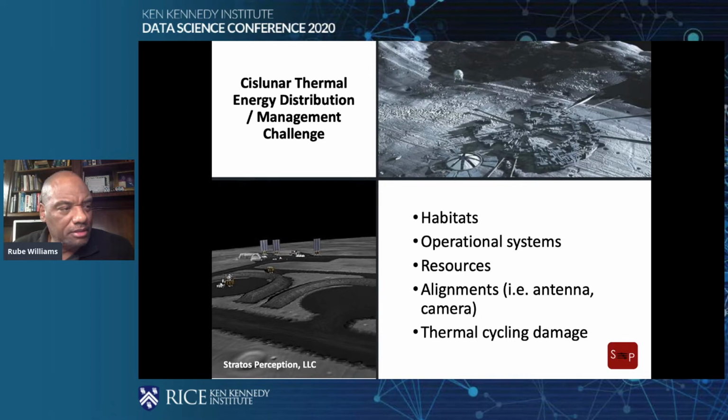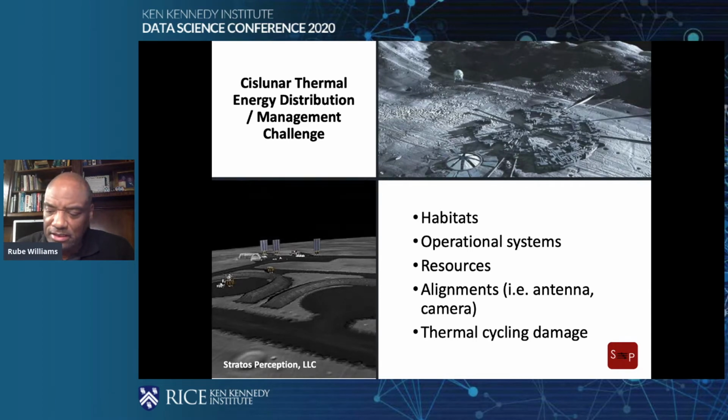In particular, we want to consider the thermal environment on the lunar surface and then the orbital environment. In particular, thermal management and distribution challenges exist for this thermal communication between systems.